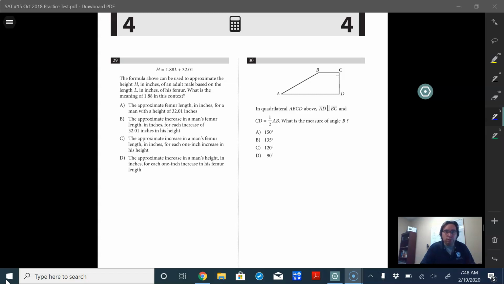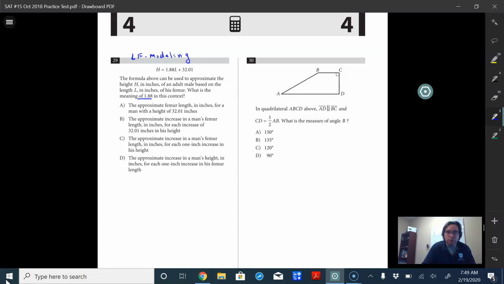All right, let's look at question 29. And what we should notice immediately off question 29 is we have this linear equation that's been given to us. And if we skim through, it says, what is the meaning of 1.88? Remember, these types of questions are linear equations, but they are the modeling variety. Basically, the modeling questions mean we're just trying to understand one element of this equation.